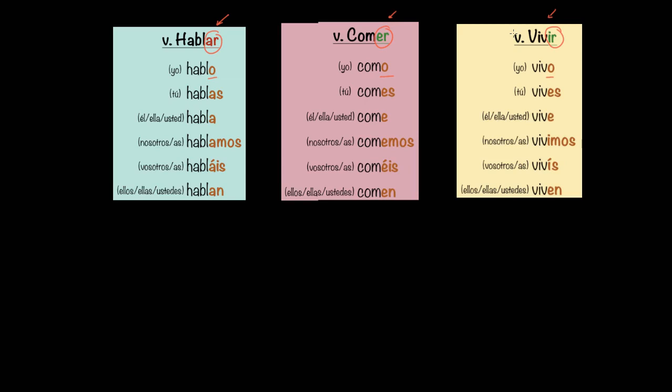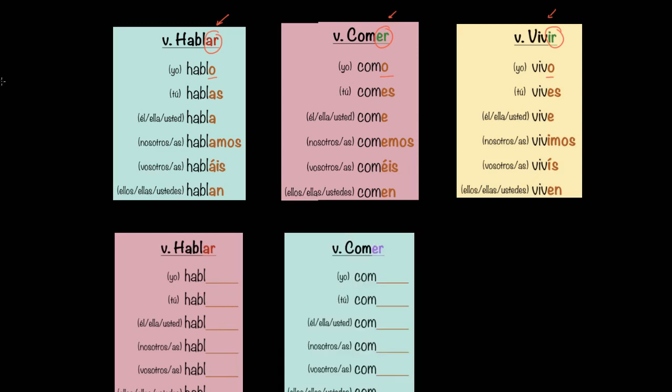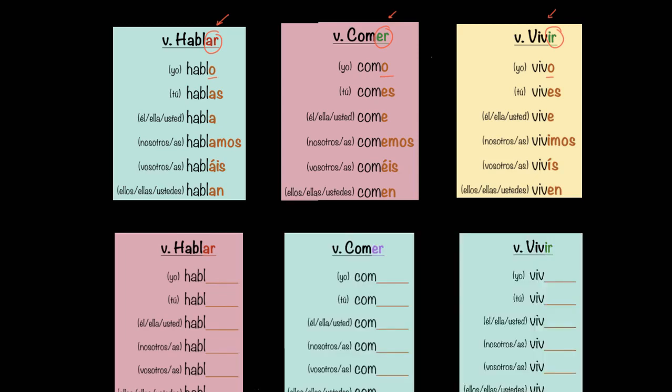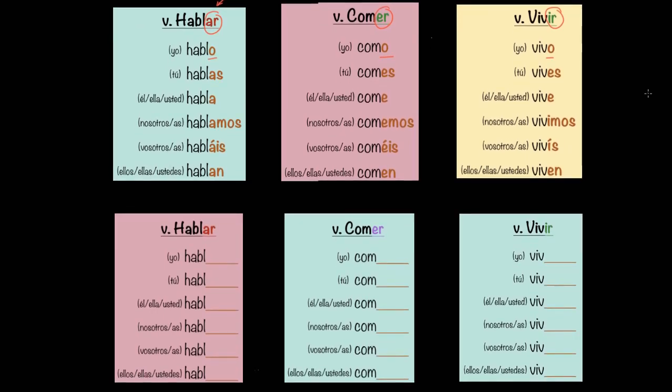Now, what happens with the present subjunctive is very interesting. Look at this. I'm going to show you how we do these three verbs, the same three verbs we've got up here in the present indicative. Now we're going to look at the present subjunctive of the verb hablar.